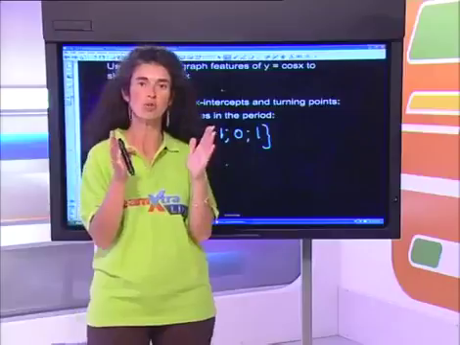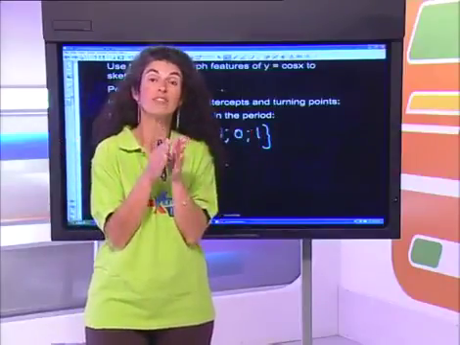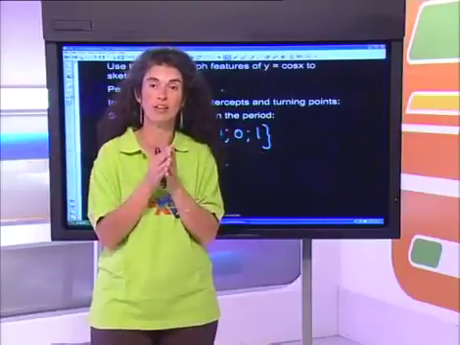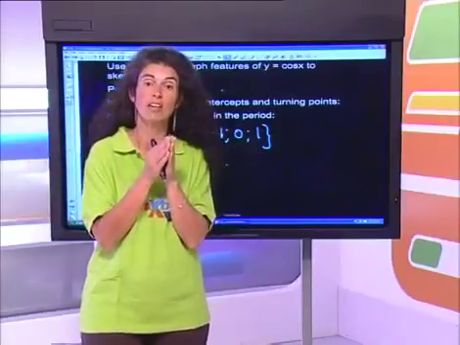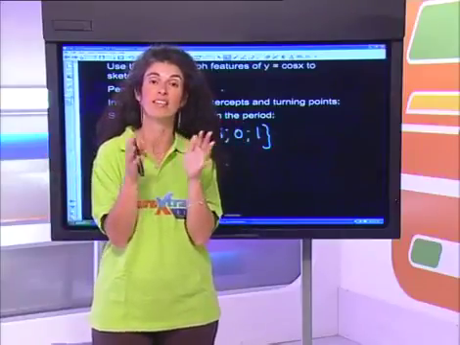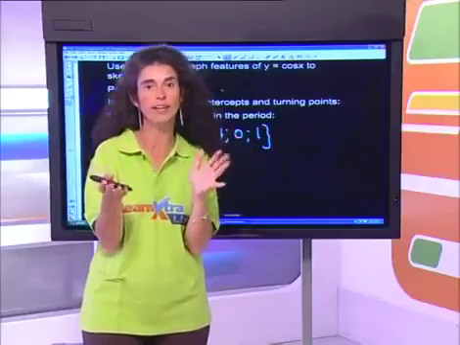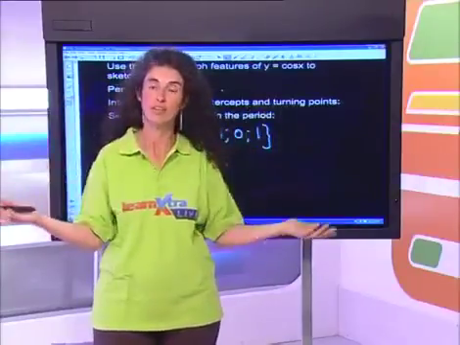Now what happens when your period changes is that interval is either going to get smaller or that interval is going to get larger, depending on that coefficient. If the coefficient is bigger than 1, then you're going to find that the values decrease. If it is between 0 and 1, you're going to find that the values increase. So there will be a change of those intervals.